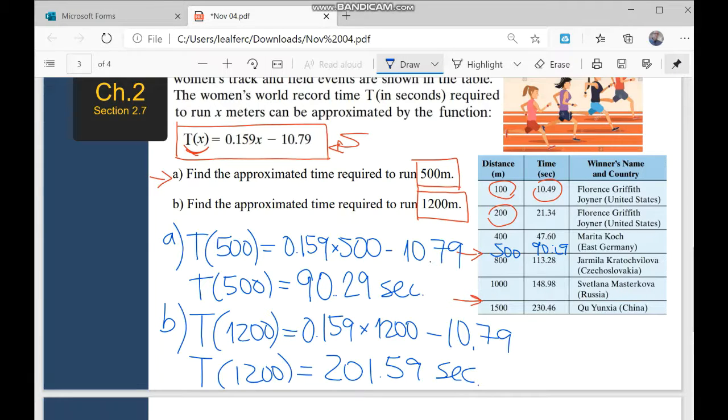Okay? And if you want to check on the table, to fill out the table with the values that we found, 1200 is going to be 201.59.